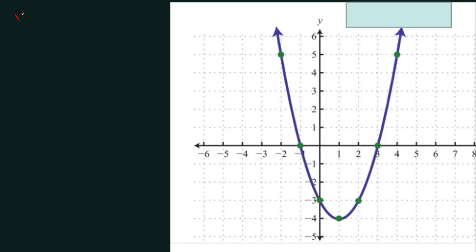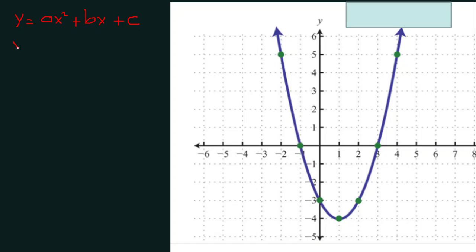So we have here y is equal to ax squared plus bx plus c. So this is the equation of a parabola in its standard form.